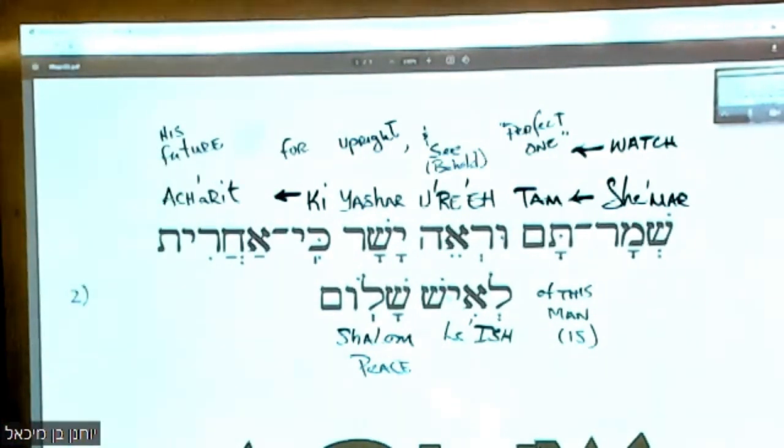King James translates it as mark the perfect man. So watch him. Take note. Okay? And behold the upright, for the end of that man is peace. All right. So Psalm 37 and 37.